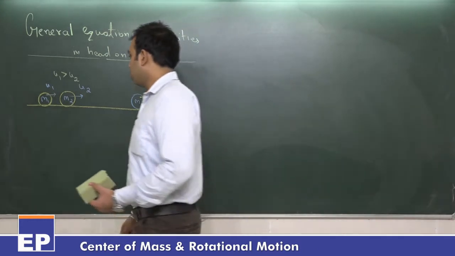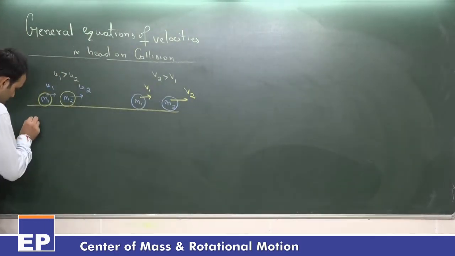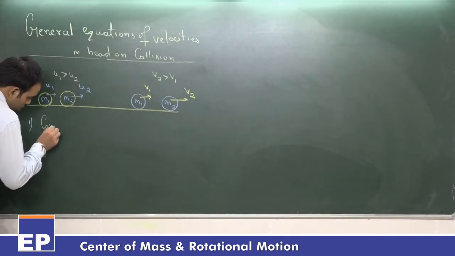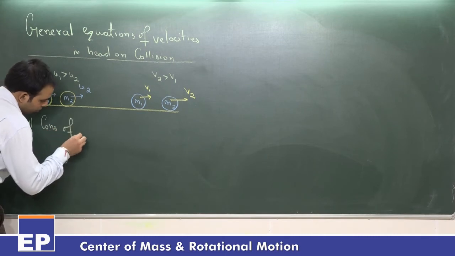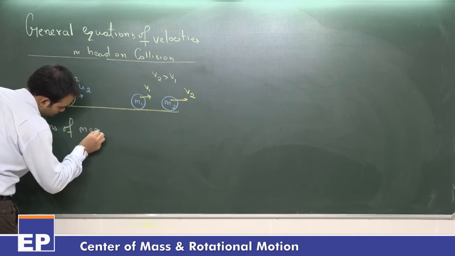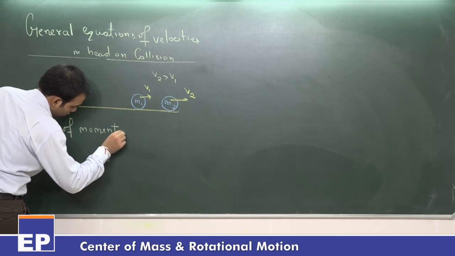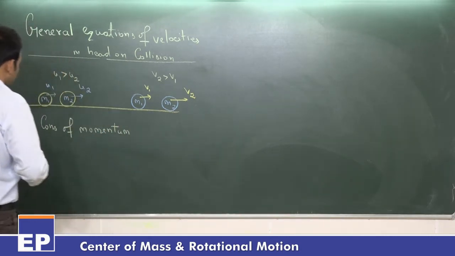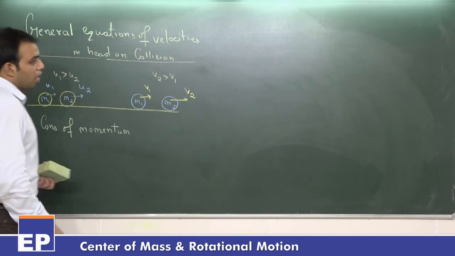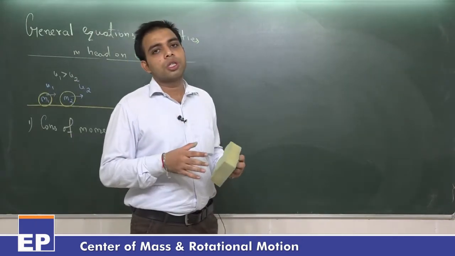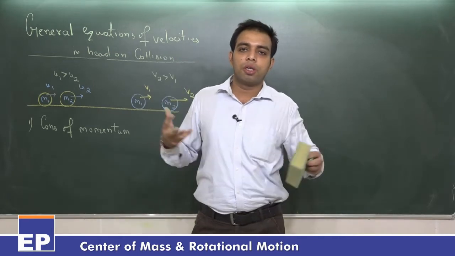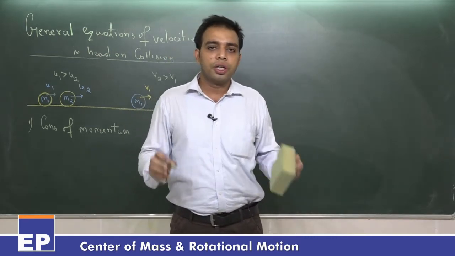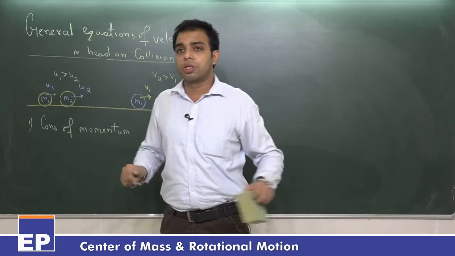First, that is the conservation of momentum. What is the conservation of momentum? It is the initial and the final. For the whole system, at the time of collision, the forces acting between the particles, between the bodies, are internal forces of the whole system.